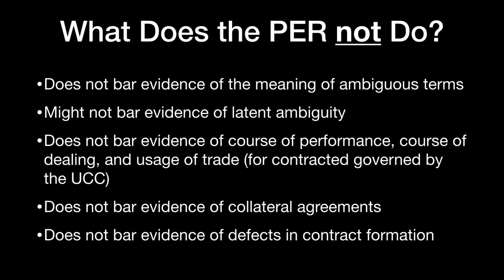And finally, the Parol Evidence Rule does not bar evidence of defects in contract formation. After all, if the contract was not really formed, there is no final or complete written agreement after all. So the Parol Evidence Rule will not prohibit parties from introducing evidence of mistake, misrepresentation, duress, undue influence, anything that suggests the contract was not really formed.